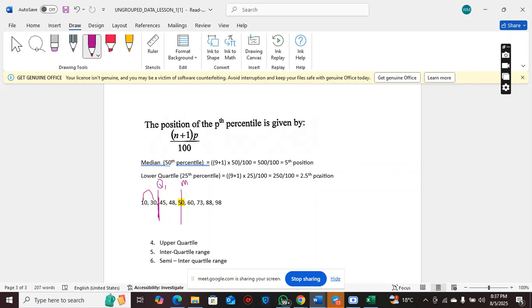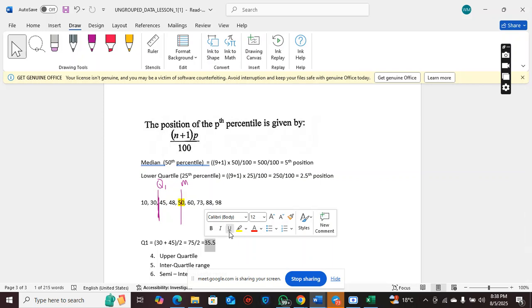So we need to add them: 30 plus 45 divided by 2, so we get our value. That is 75. 75 divided by 2, that is 35.5. All right. So our lower quartile is 35.5.